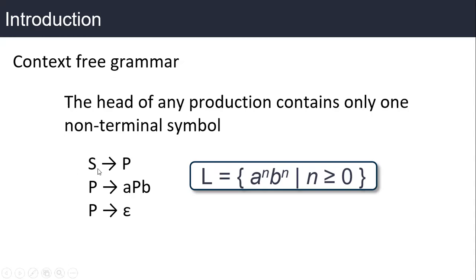For example, on the left-hand side of the production S produces P, we have a single variable. In the production P produces A P B, we have capital P. So this type of grammar is known as context-free grammar. From this grammar, we can easily generate any number of A followed by B. The language consists of two terminals, A and B.